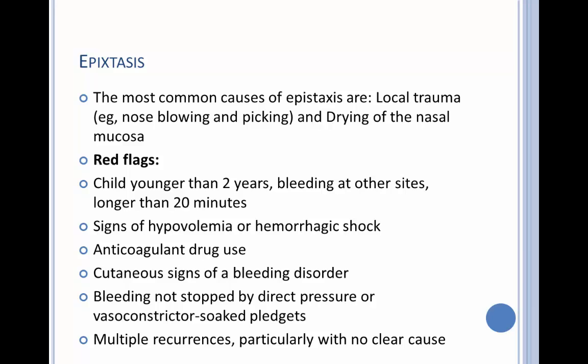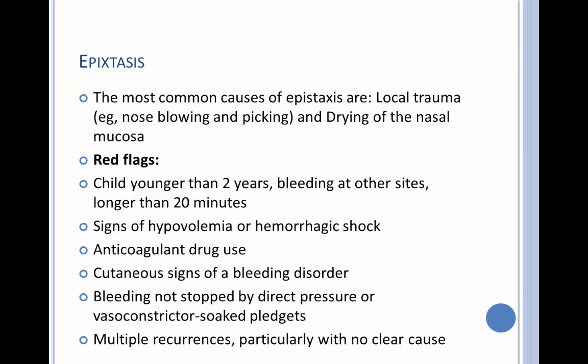You have to determine when the bleeding began. Most patients have localized bleeding on one side. Is the patient sneezing? Do you blow your nose? Do you pick at your nose? Those are your first questions to the parents or the child.